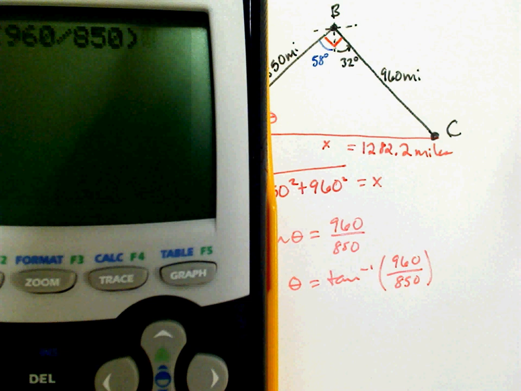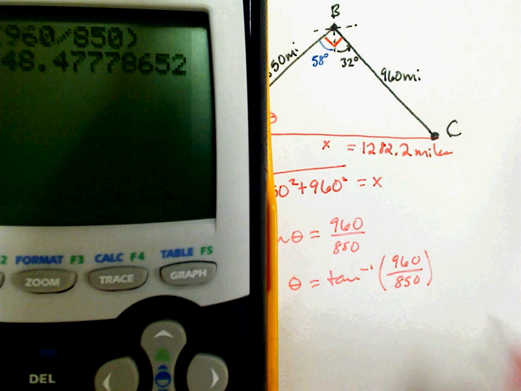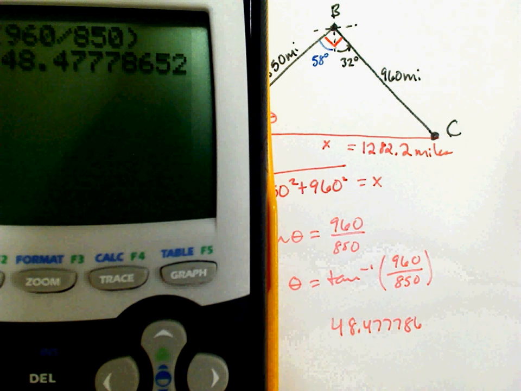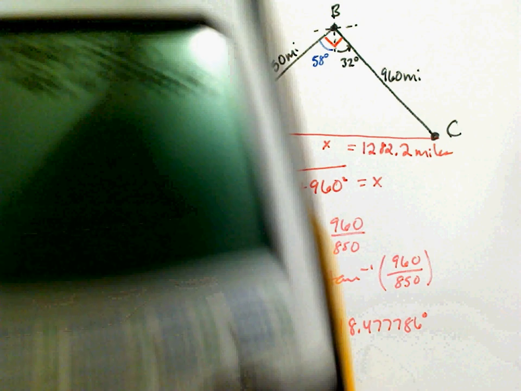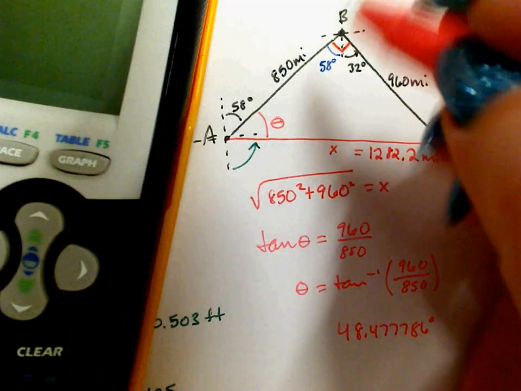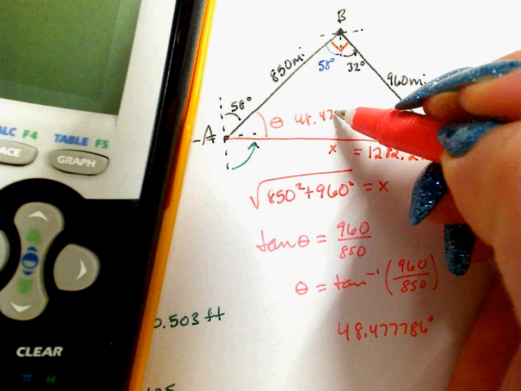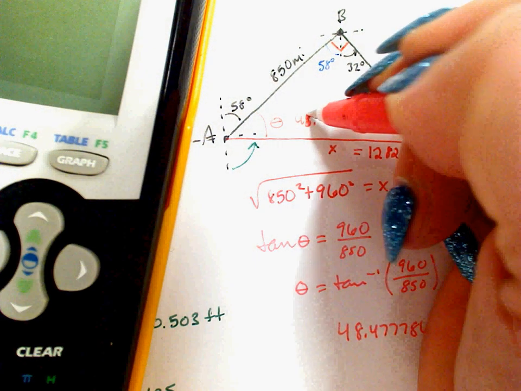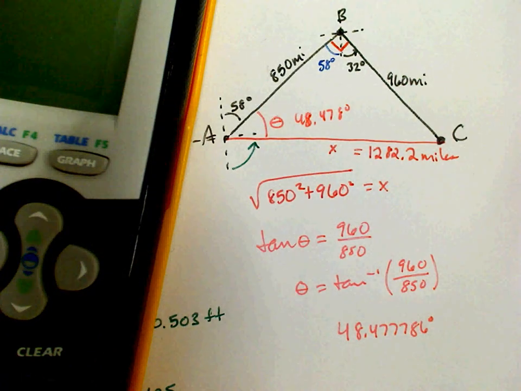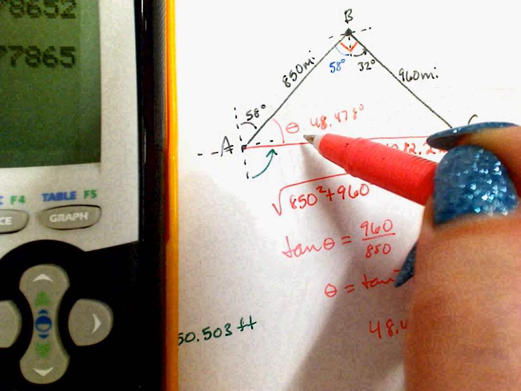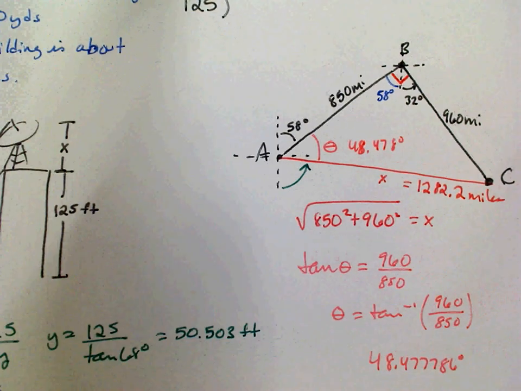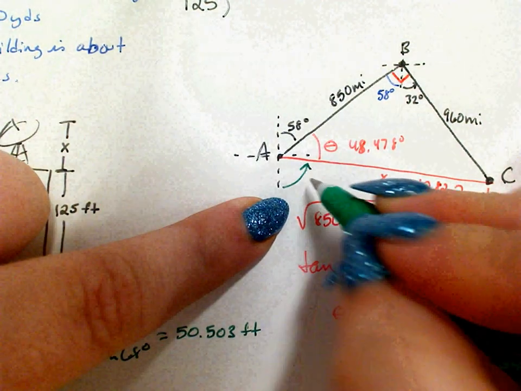All right, so I know that that angle is 48.47786 degrees. So this angle in here is 48.478 degrees. And if I add that to 58, then I see that all of this is 106.478, which means that this angle right here, I'm going to let that be alpha.